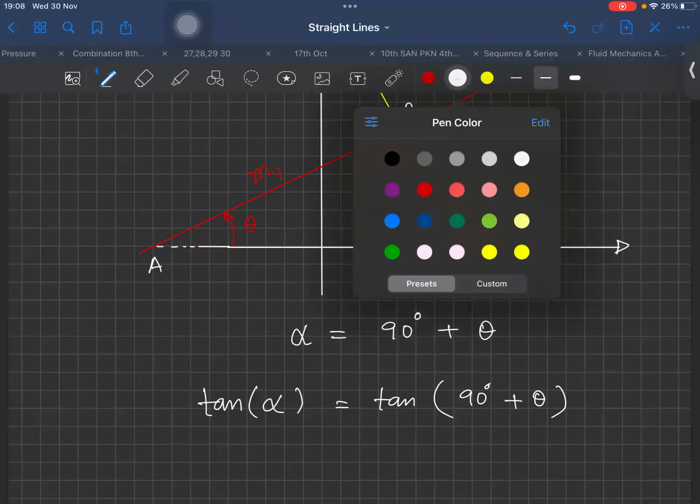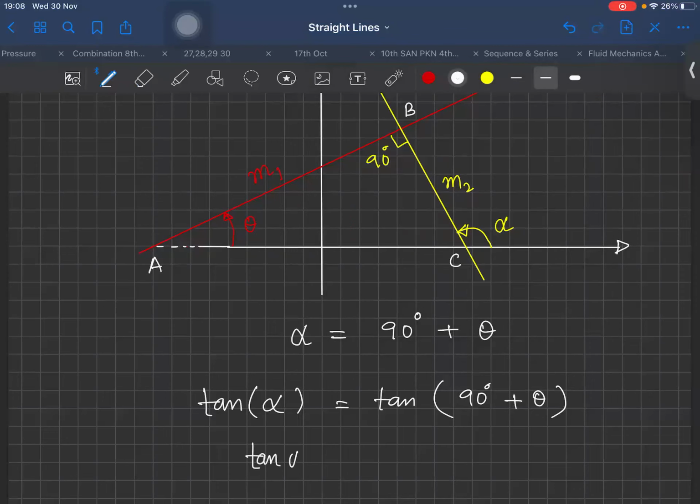So tan alpha is equal to minus cot theta. See, tan of pi by 2 plus theta will be what? Since it is a multiple of 90, tan will become cot.